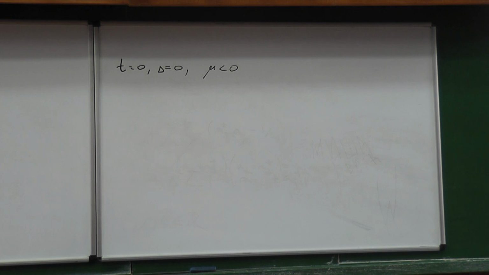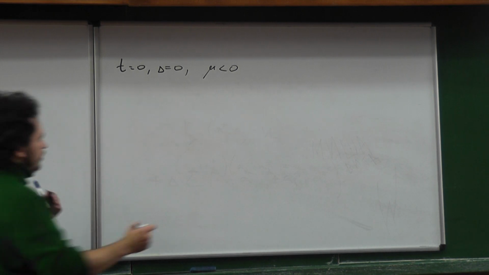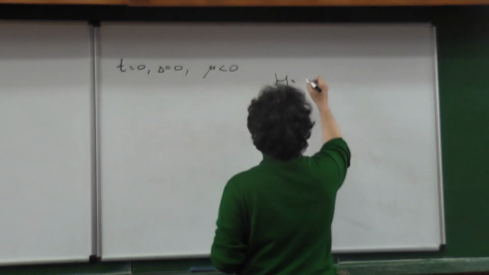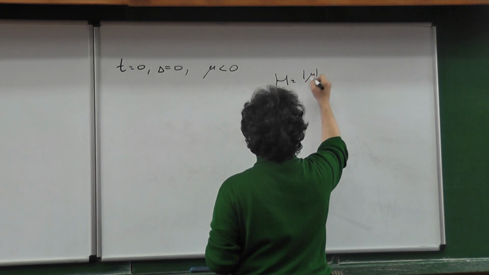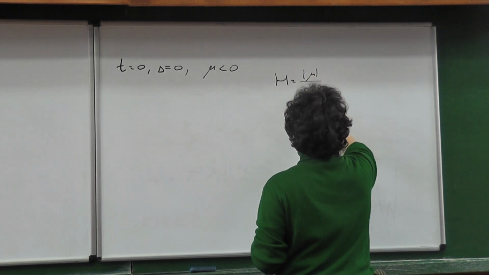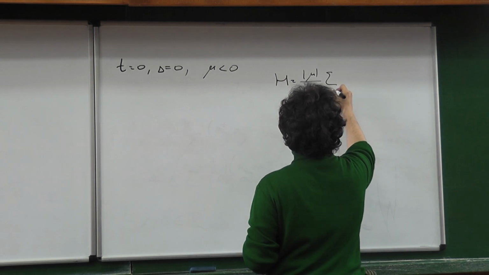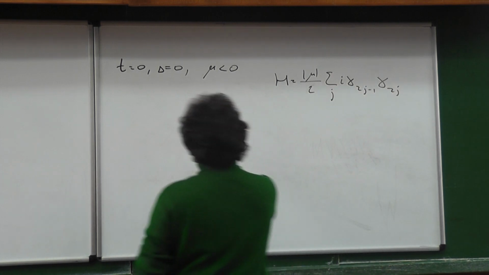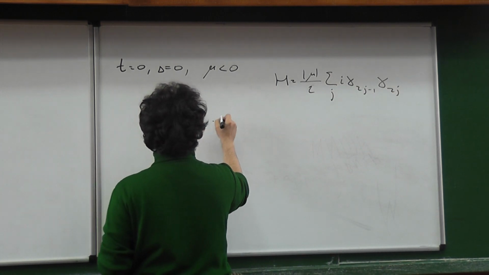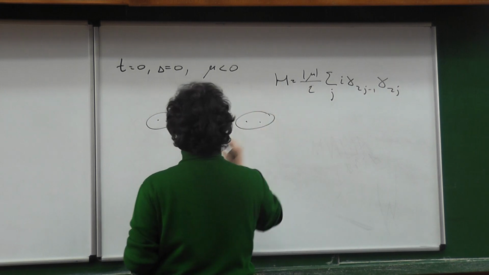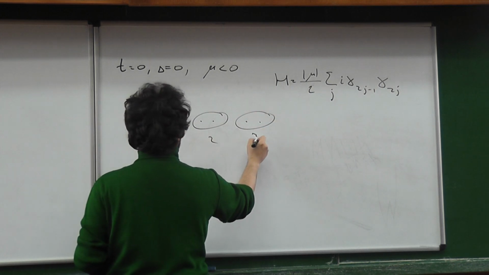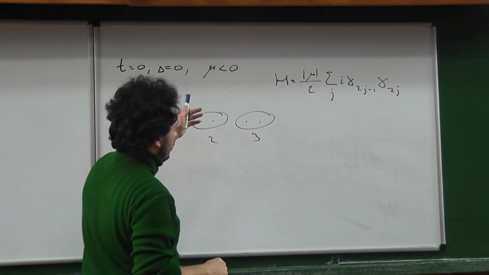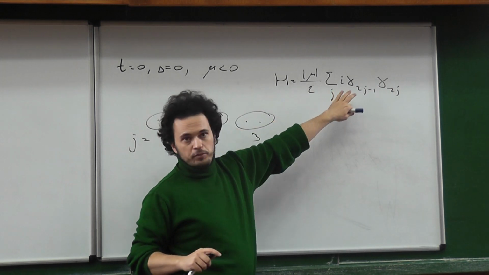Then my Hamiltonian is simply absolute value of mu over 2, sum over j, i gamma 2j minus 1 gamma 2j, and the Hamiltonian tells me I want the eigenvalue minus 1.